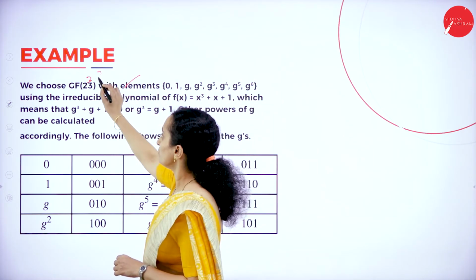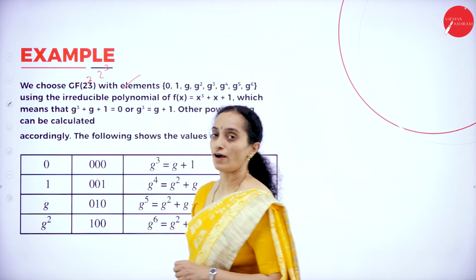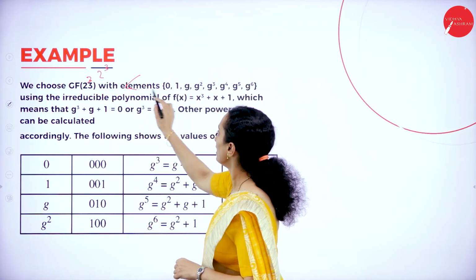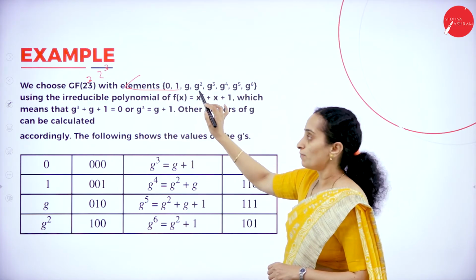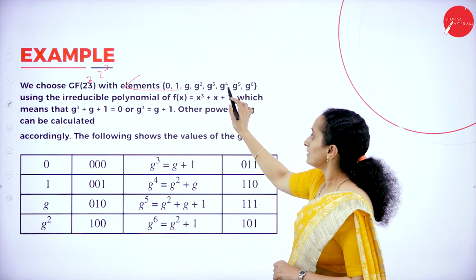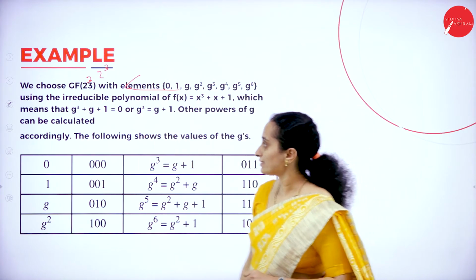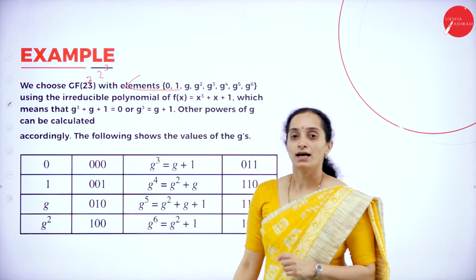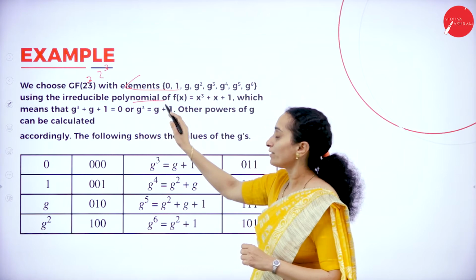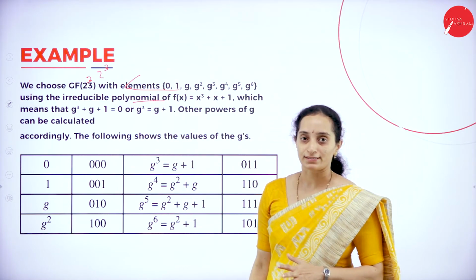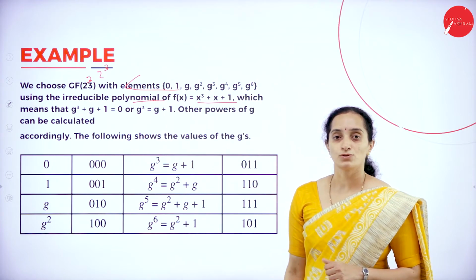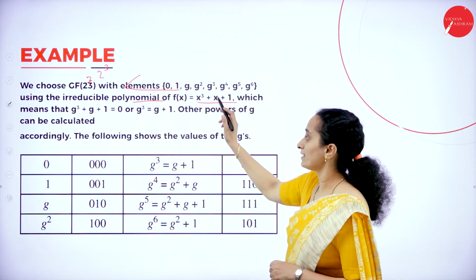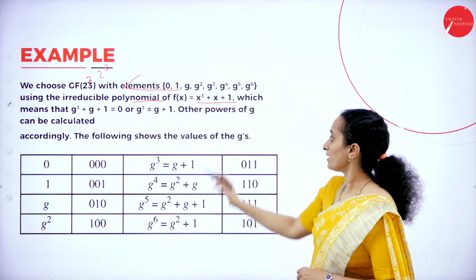We choose a set of values 2 to the power of 3, with elements 0, 1, g, g2, g3, g4, g5 and g6, where f of x is an irreducible polynomial, which cannot be reduced. The expression we use for f of x is x3 plus x plus 1.